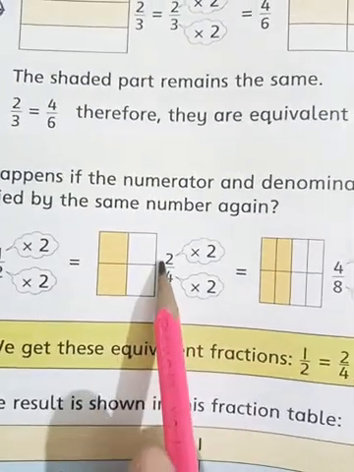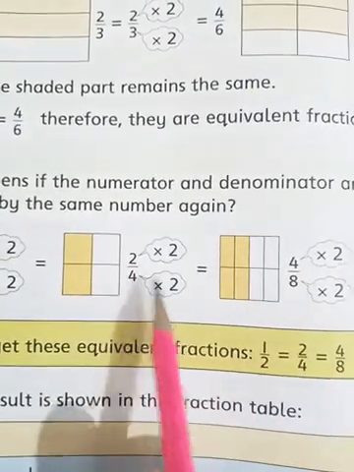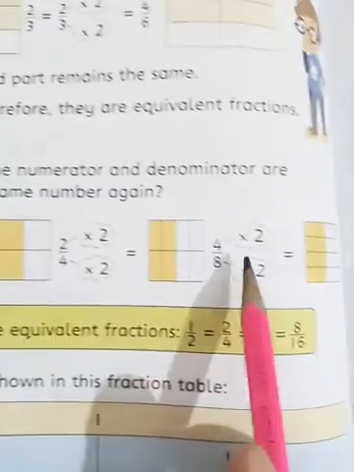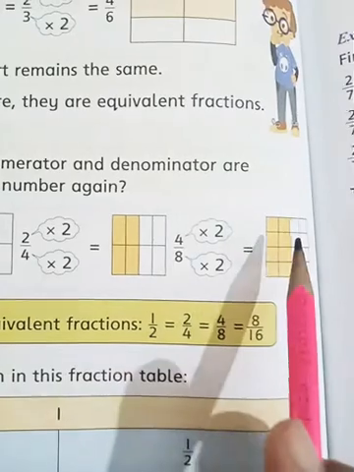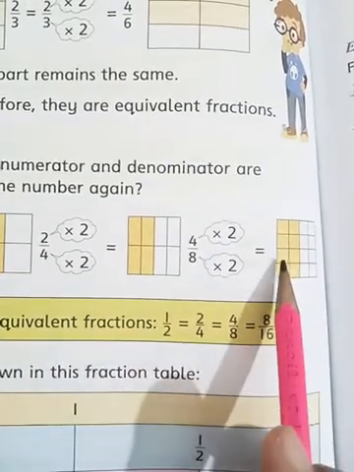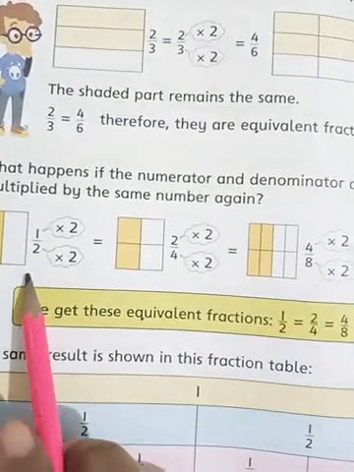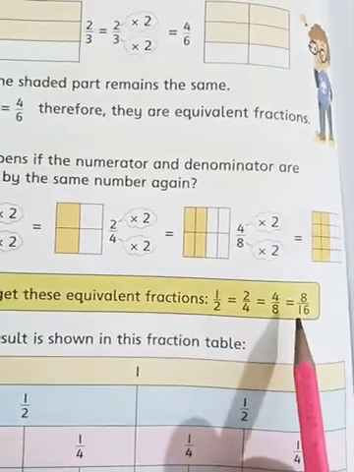Now again multiply the numerator and denominator by 2. 2 2s are 4, 4 2s are 8. See, the shaded portion remains the same. Now 4 upon 8 multiplied by 2 and 2 again. So 4 2s are 8 and 8 2s are 16. So here we get these equivalent fractions: 1 upon 2, 2 upon 4, 4 upon 8 and 8 upon 16.